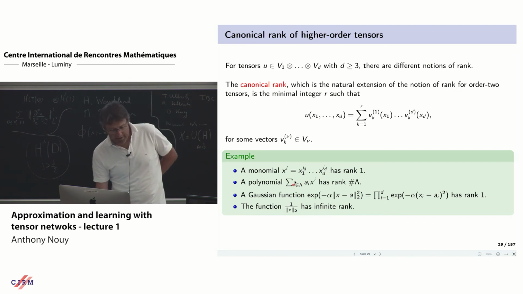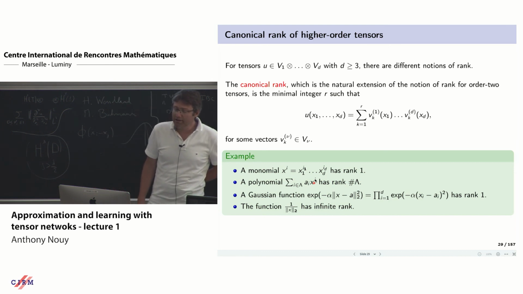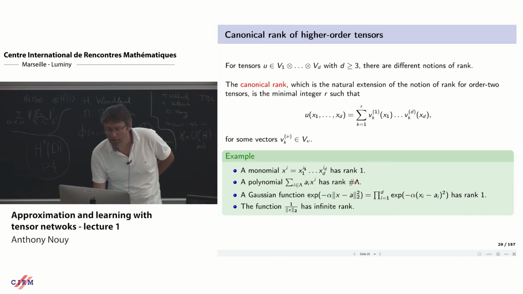If I take a polynomial, as in the presentation of Albert, which is the sum over indices i in an index set Lambda of a_i x^i, where the x^i are the monomials, this will have a canonical rank equal to the cardinal of the set Lambda.